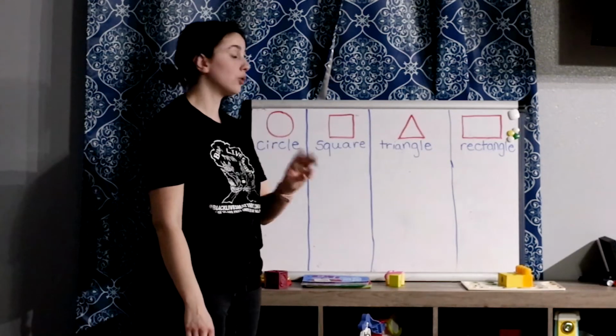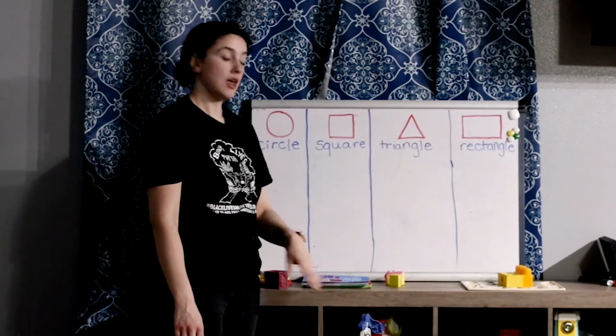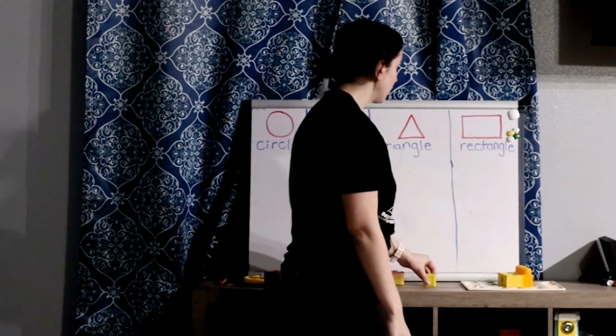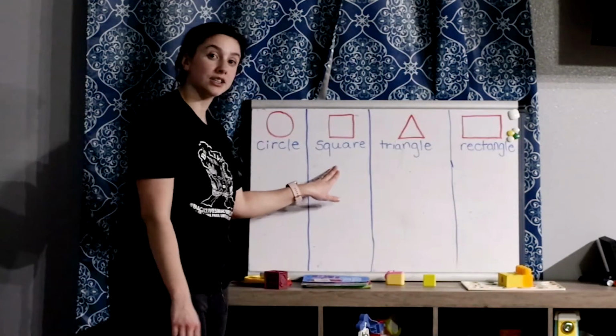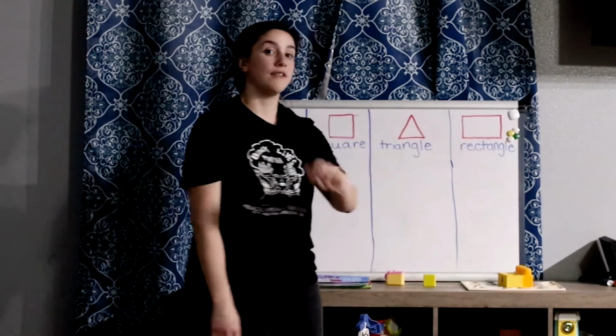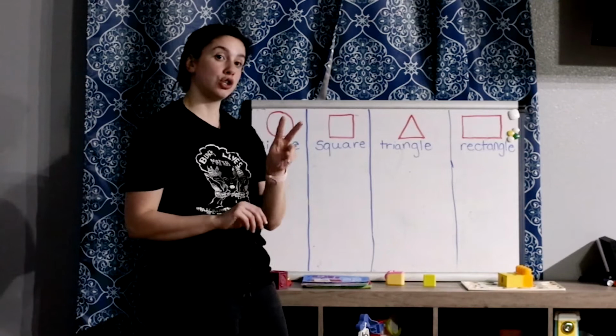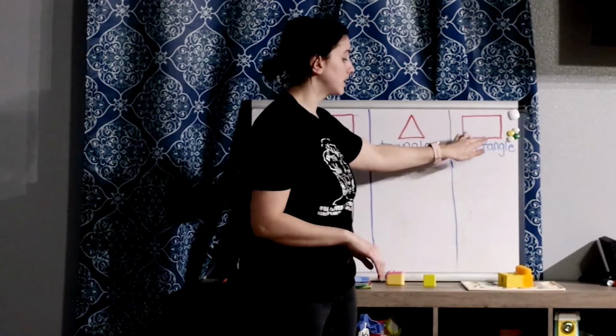And 3 angles. 1, 2, 3. Now rectangles are kind of like squares, but a little different. Rectangles have 2 short sides and 2 long sides.